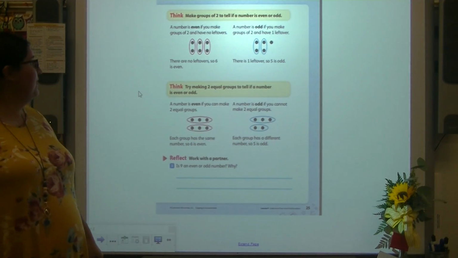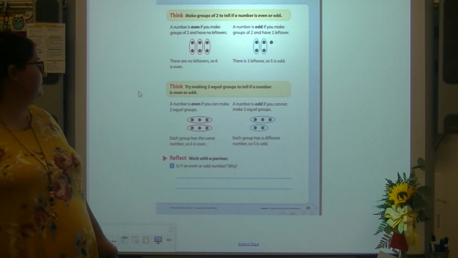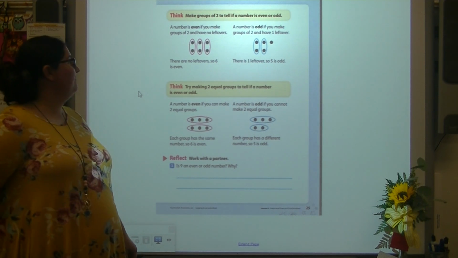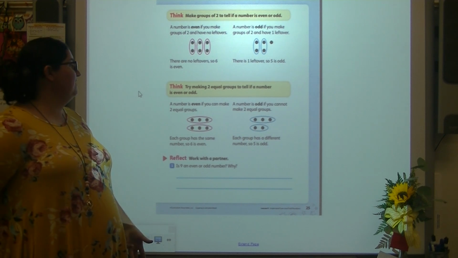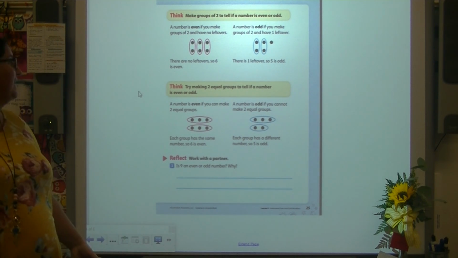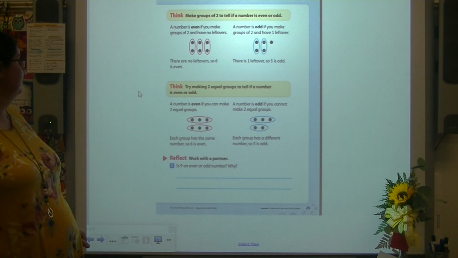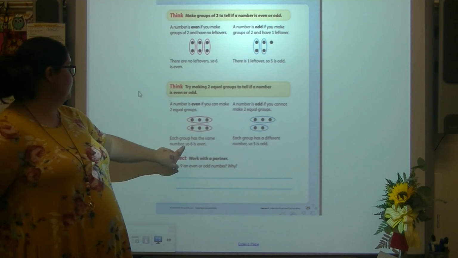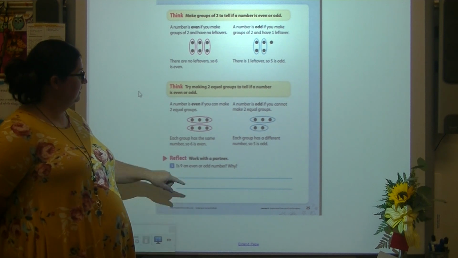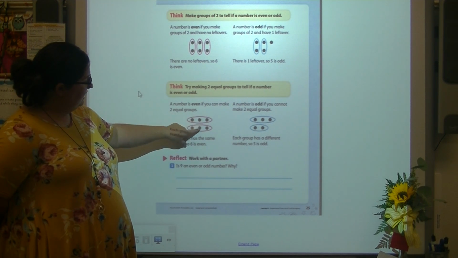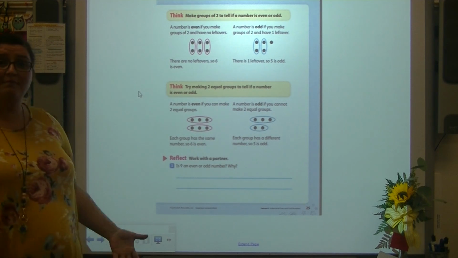Think. Try making 2 equal groups to tell if a number is even or odd. A number is even if you can make equal groups. So each group has the same number, so it's even. They have 3 in each group and it matches up.